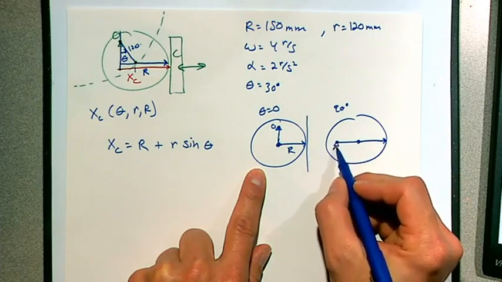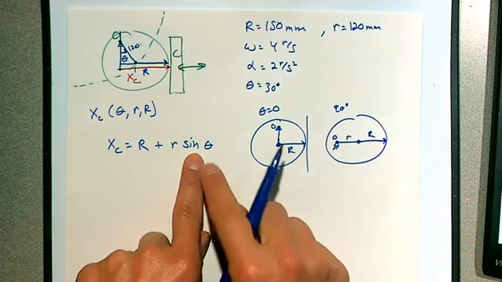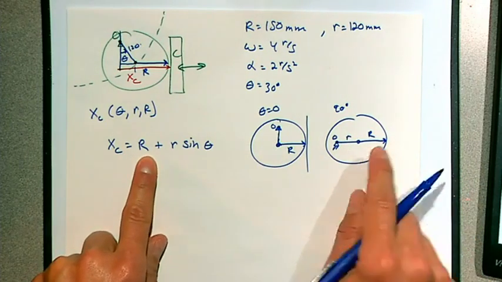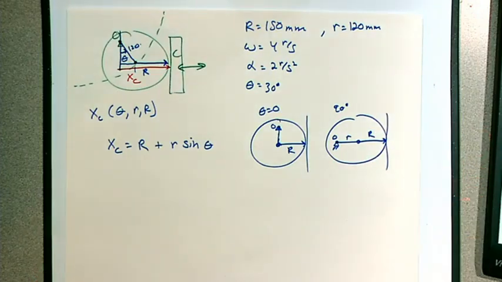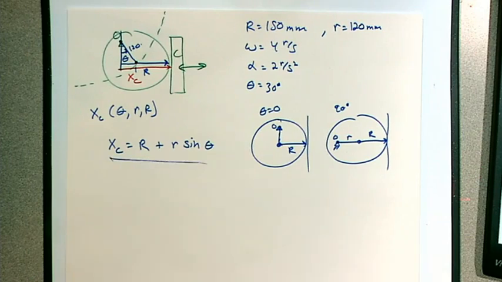This is my point O now. So this is R, this is little r. Sine of 90 is 1. X of c is R plus little r. You write something out like this, draw yourself one picture, two pictures. That's probably all you need to convince yourself, yeah, I nailed it. Or, right away, maybe I got a sign wrong, or maybe something doesn't work. But that's what we have.